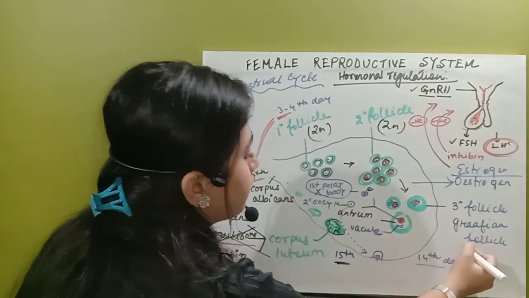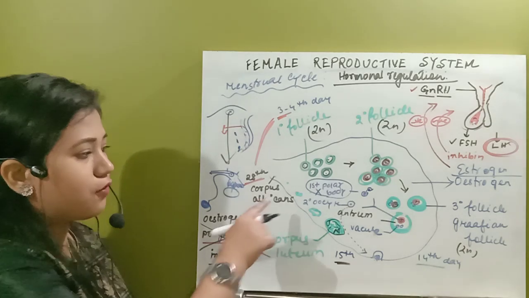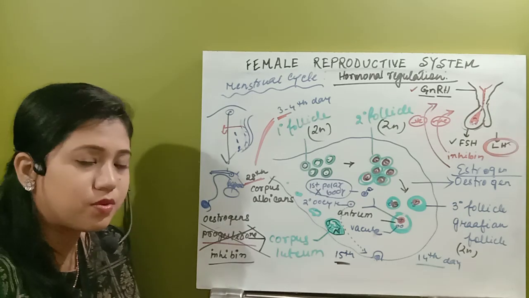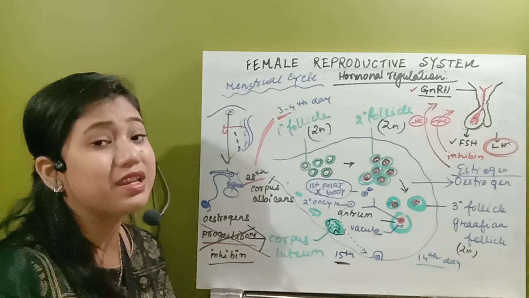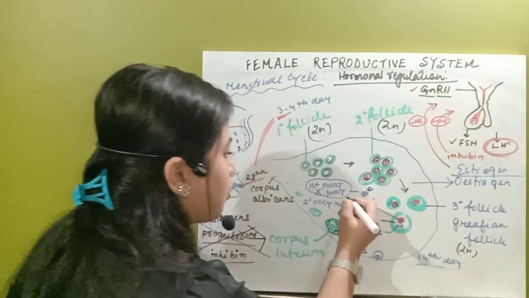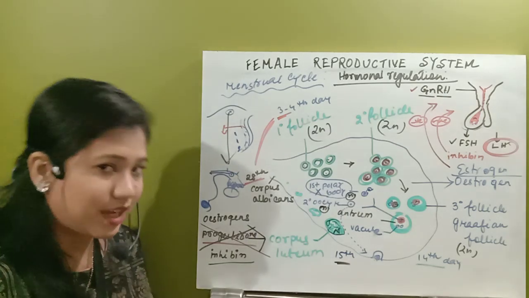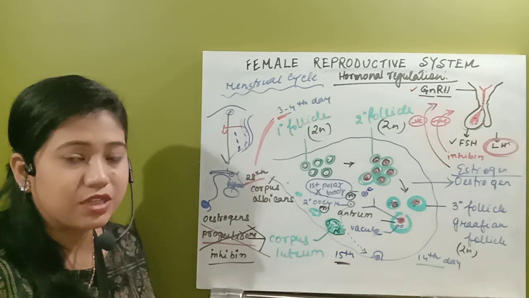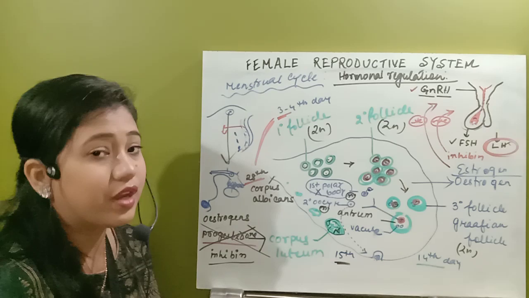But whenever the first meiosis completes and it forms the two cells, the first polar body and the secondary oocyte, reduction division occurs, and it is going to have only one set of chromosomes, only 23 chromosomes. Both the first polar body as well as the secondary oocyte will have only half of each pair. That means from 46 chromosomes it decreases to 23 chromosomes.